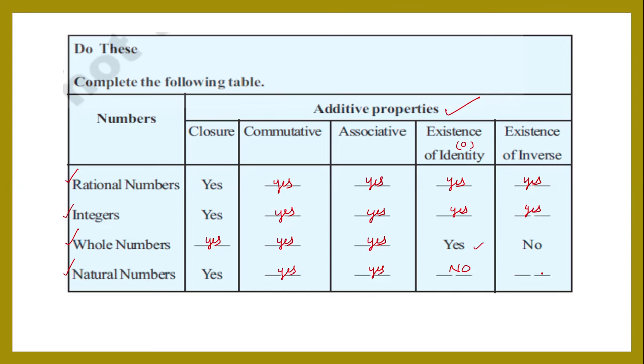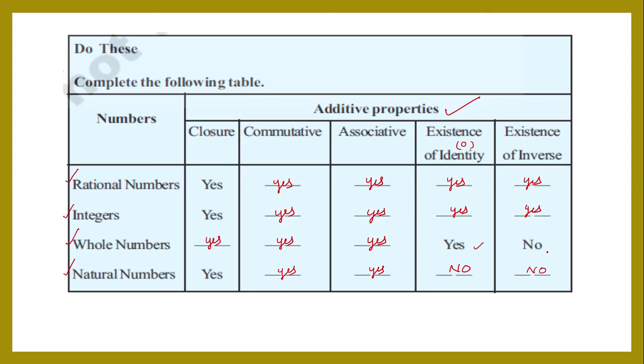And natural numbers do not have negative numbers, so it is also no. So here you observe where we get no: existence of zero in natural numbers and existence of inverse in natural numbers. Both are no, and whole numbers also do not have the inverse elements, so it is also no.